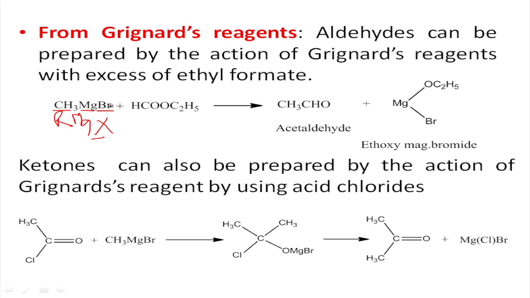So Grignard reagent with ethyl formate in reaction gives an aldehyde.